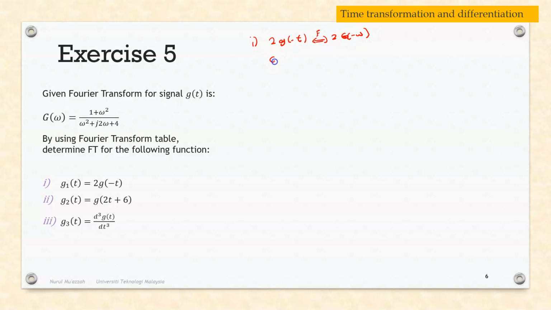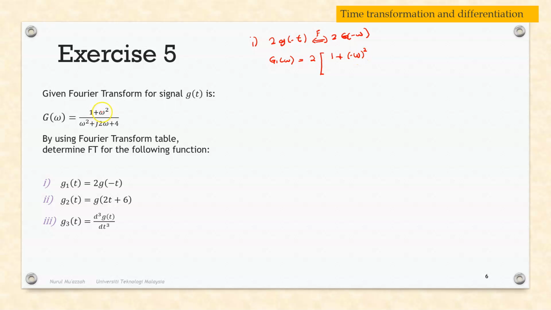Okay, and from here we can solve that G1(omega) is equal to G(omega), which is known here, so basically you multiply the whole equation by 2. So 2, and then here is 1 plus omega squared. Basically you change omega squared to negative omega squared.